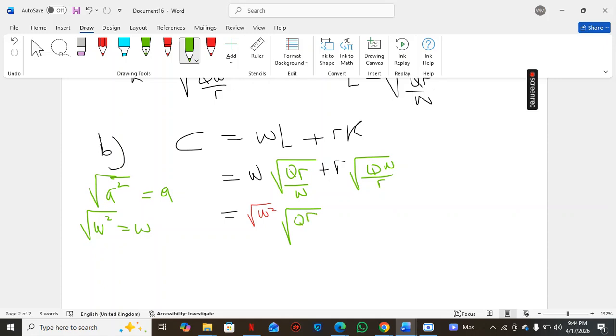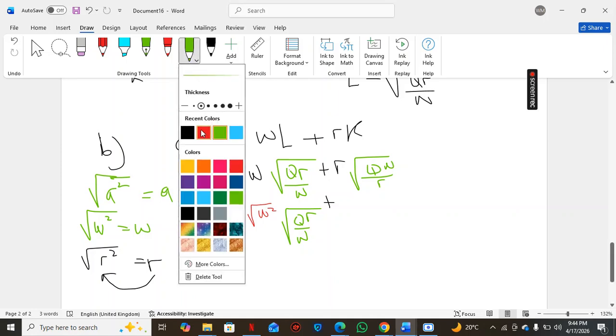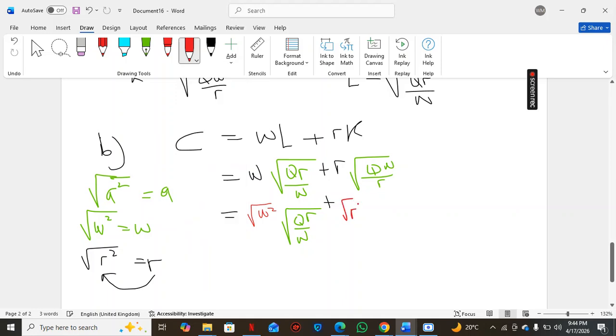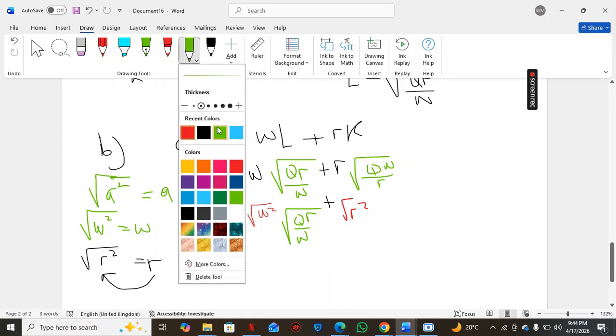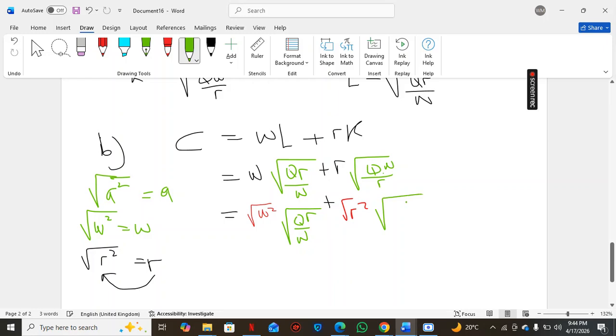So here we have QR over W, plus, same with R here. The square root of R squared is just the same as R, so it's like we're moving back like this, because we want to simplify our function. Here we have R squared, and here we have QW over R. Now since we've got square roots everywhere, we can simplify.